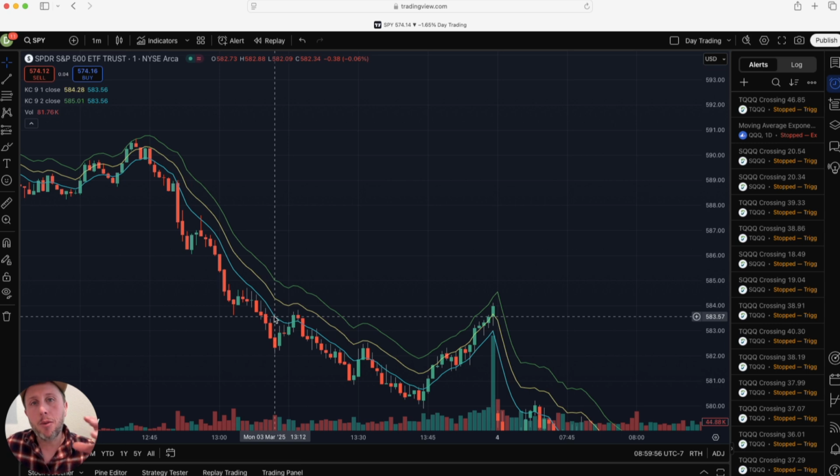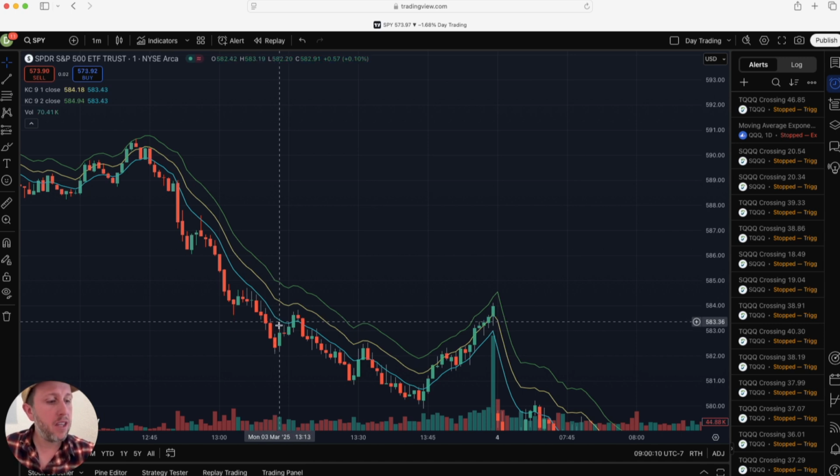And then the outer bands, typically on each side of a Keltner channel, are going to be the average true range of movement, price movement on that stock from the exponential moving average that you are using. So on mine, I take off the bottom Keltner channels because I'm typically trading to the upside when I'm looking at trades. And so this line here is the 9 exponential moving average.